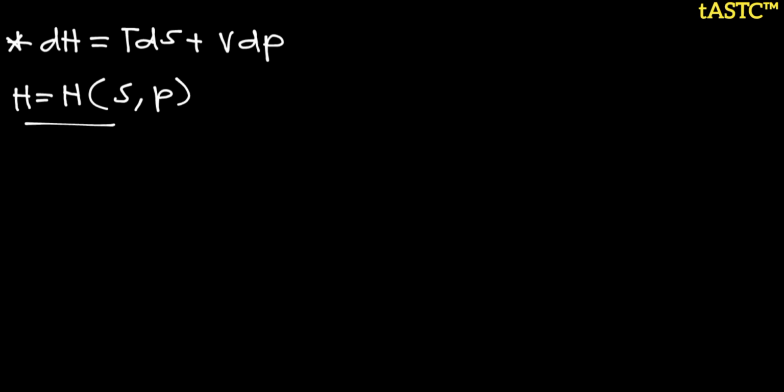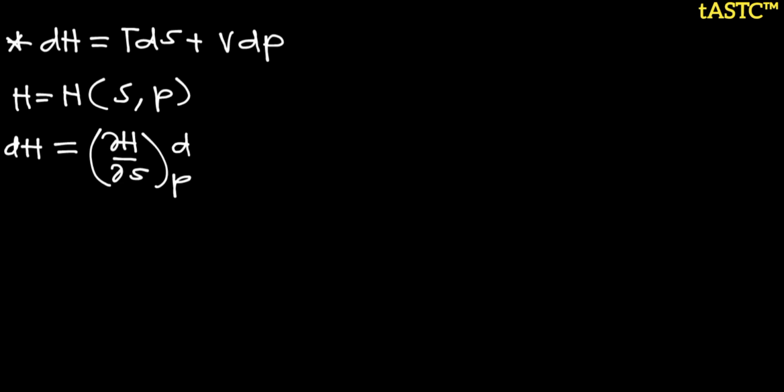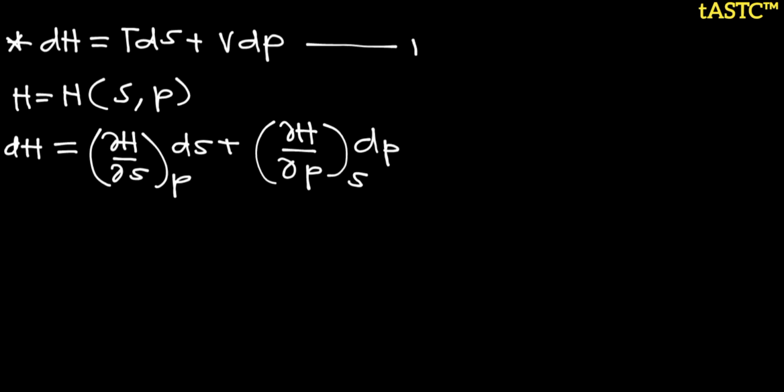So we need to work the natural derivative of this function. That is going to be dH, and here we're going to have the partial derivative of H with respect to S at constant P multiplied by dS, plus partial H partial P at constant S multiplied by dP. So whilst this is equation 1, this is going to be equation 2.